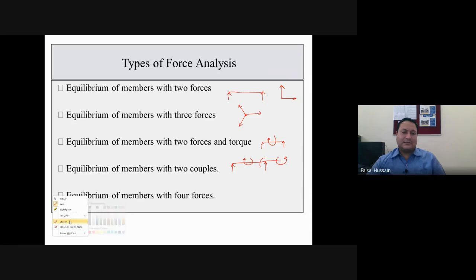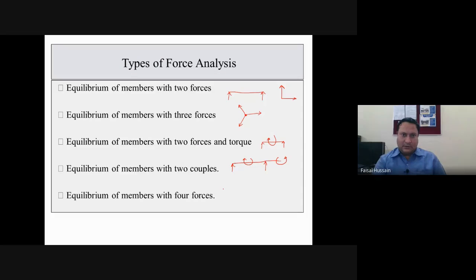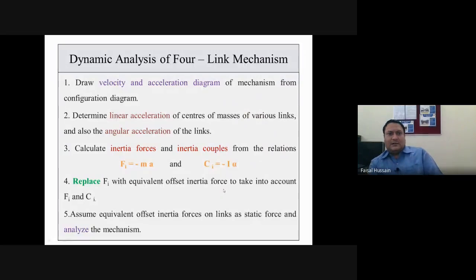So likewise, a number of conditions can be arrived at. And through these conditions, we can find the dynamic analysis of the link member. So just see the basic procedure, a basic line procedure of dynamic analysis of a four link mechanism.